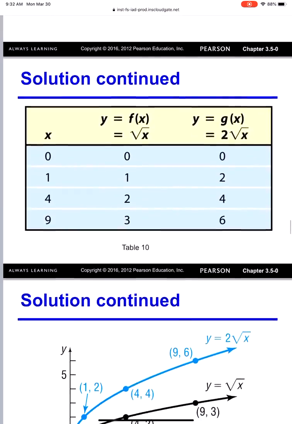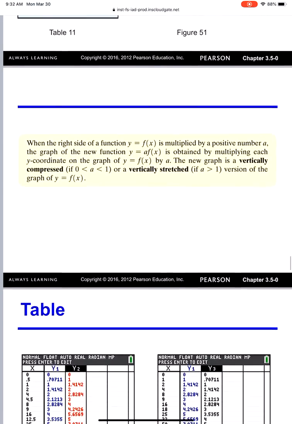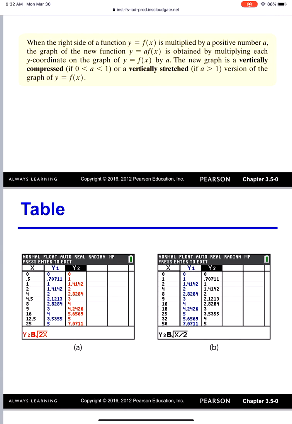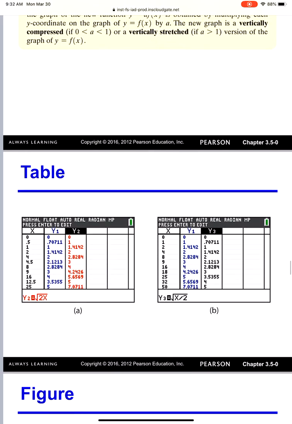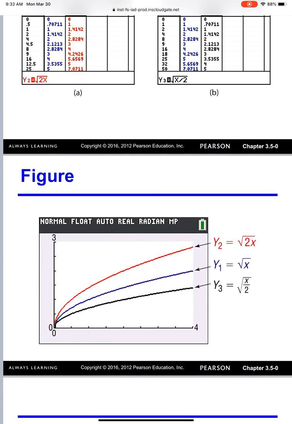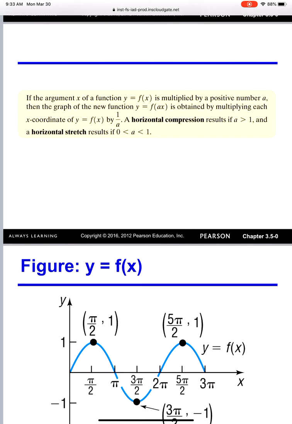Okay, so we did this one, and right here, okay, horizontal compression, horizontal stretch.